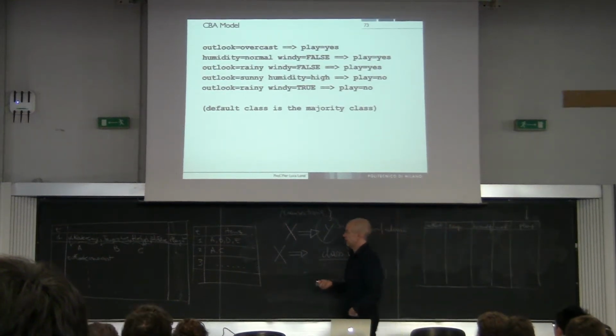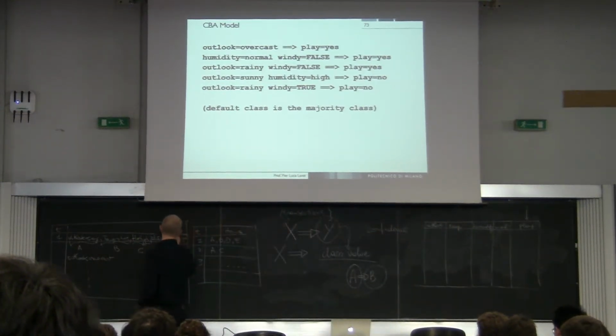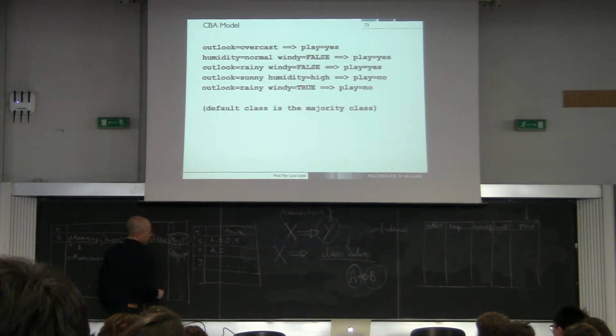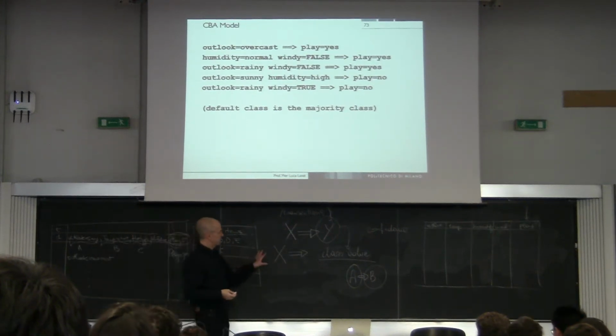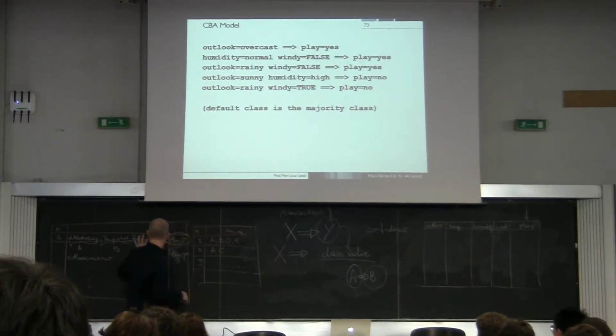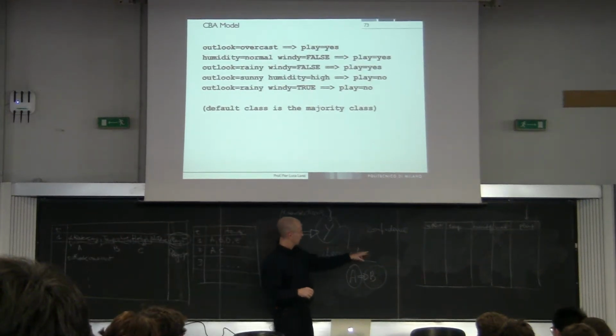And so I'm basically generating an item set where here I have the part that belongs to the attributes, and here I get only the items that belong to the class.